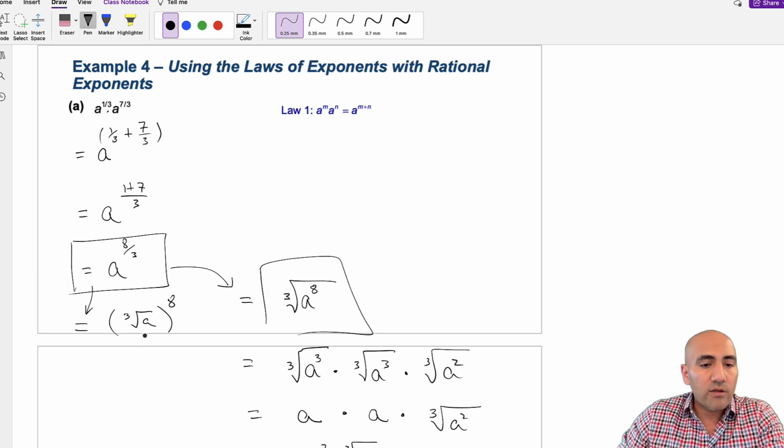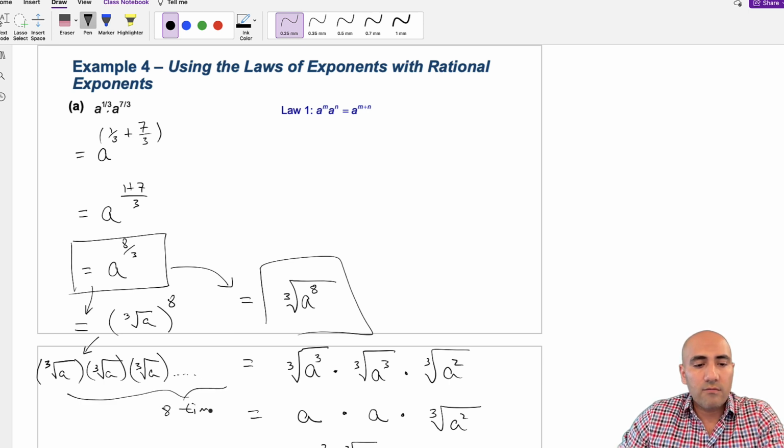Okay, this one, on the other hand, to simplify it, this is saying that there are 8 copies of the cube root of a. So we have cube root of a times cube root of a times the cube root of a, and there's going to be 8 of them.